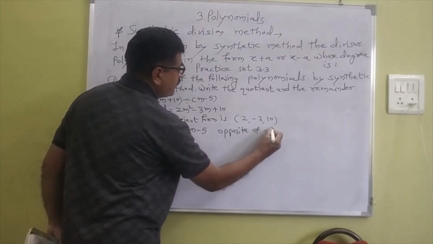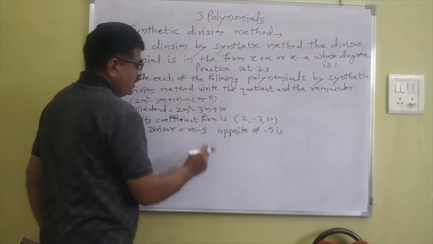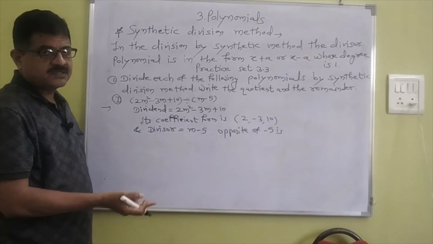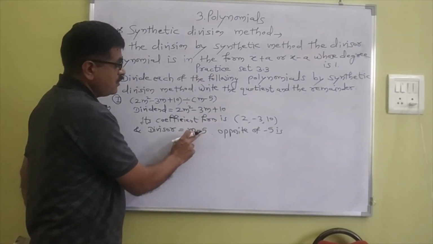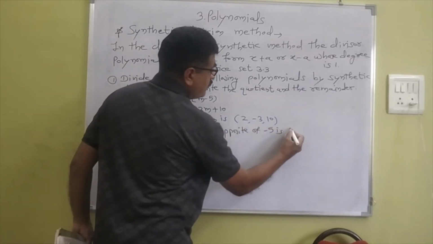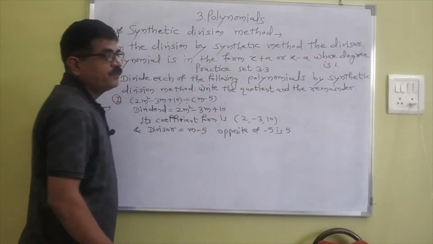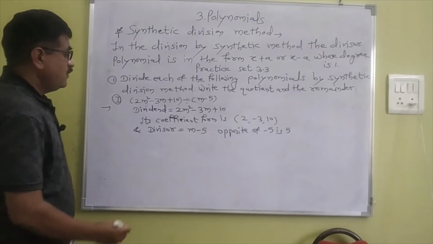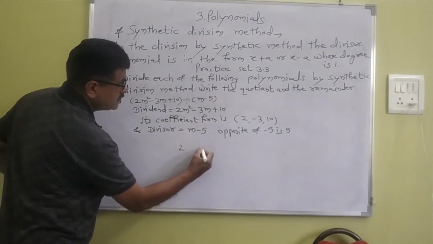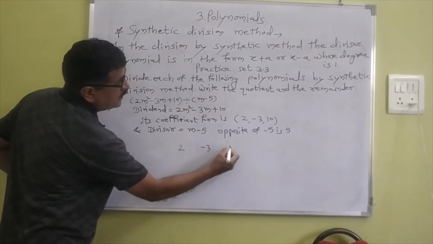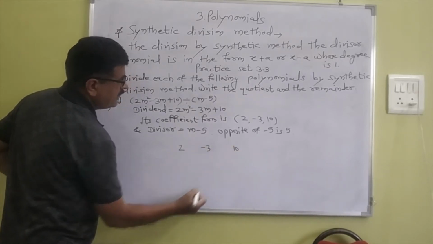If there is minus we take plus, if there is plus we take minus. Therefore the opposite of minus 5 is plus 5. Now write down the coefficients: 2, minus 3, 10.